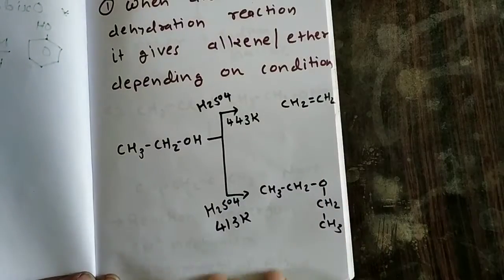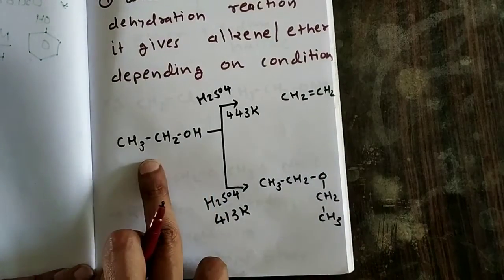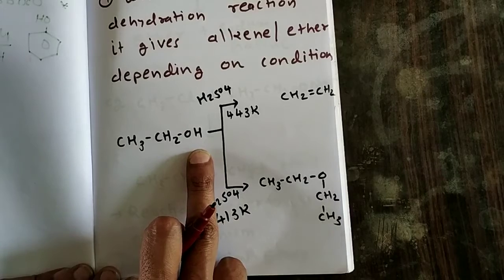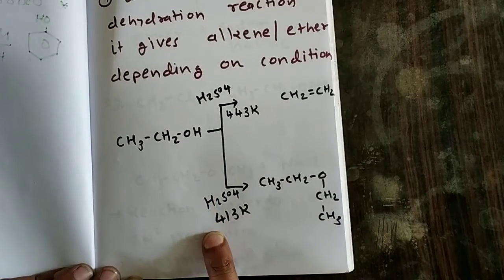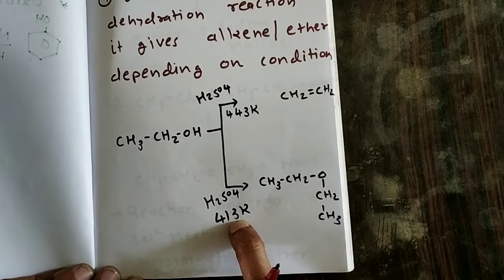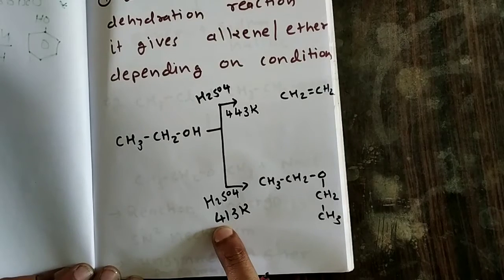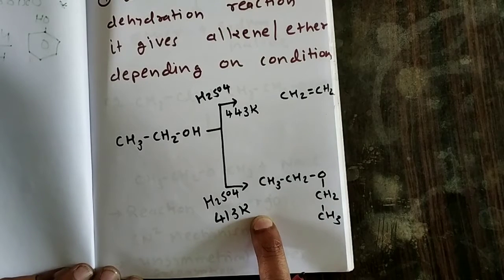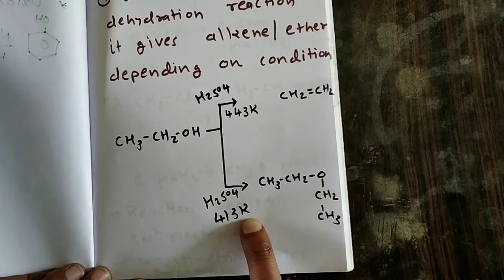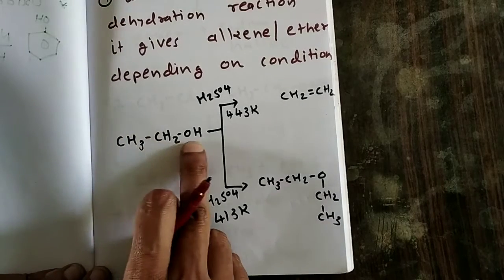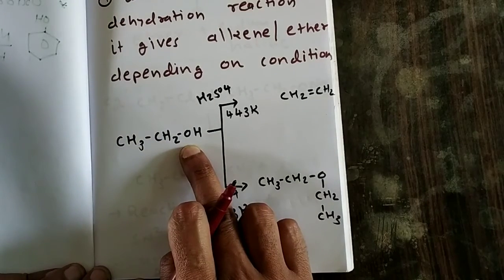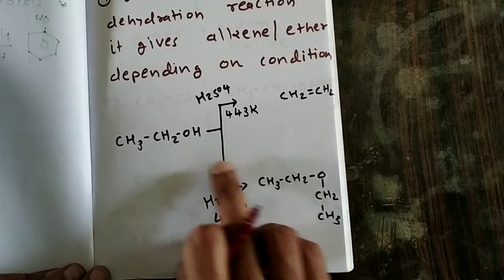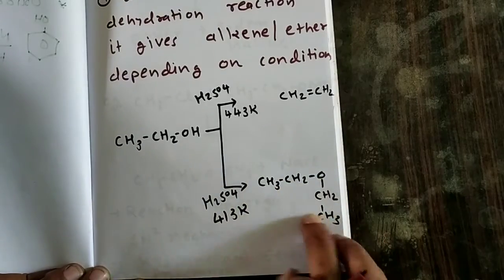But if we lower down the temperature, you can see same reagent I am using here, H2SO4, but temperature is different here. Temperature is 413 Kelvin. What will happen here? Two molecules of ethanol will react together and form an ether.